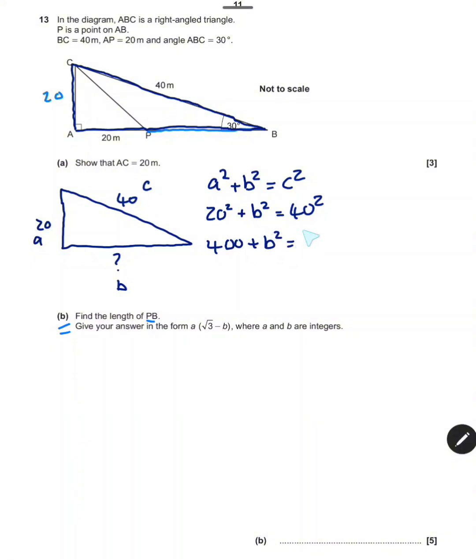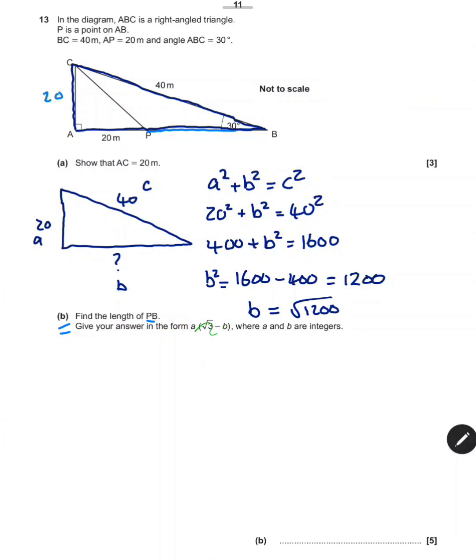Plus B squared. 40 squared, 4 4s are 16, and then 2 zeros on the end. And if 400 plus B squared is 1600, then B squared is going to be 1600 take away 400, which is 1200. And B, the entire length of this bottom triangle, is going to be the square root of 1200.